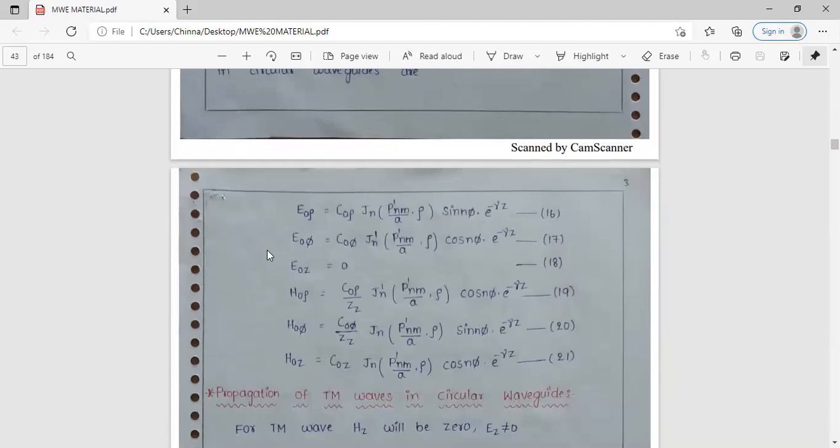So these are the field equations for the TE mn modes. In the above expression, we are replacing h with p'nm by a. So that is the field component of the TE mn mode.